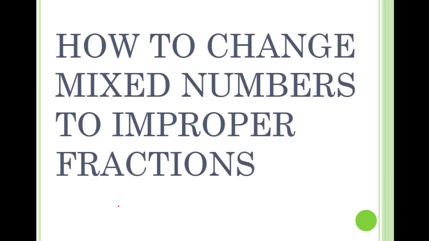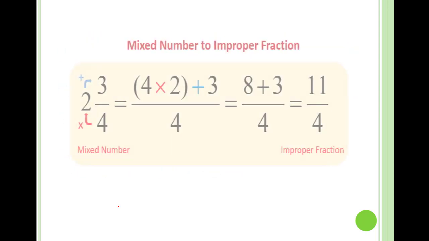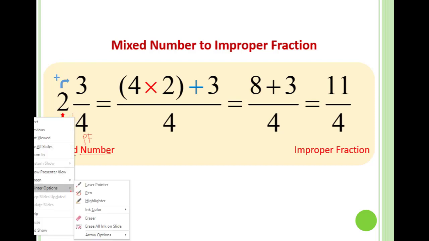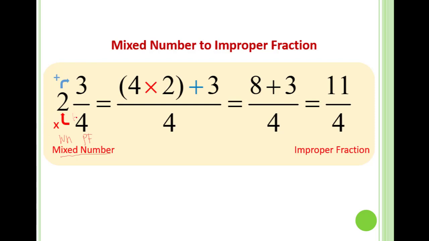Now, how to change mixed numbers to improper fractions? As you can see in the mixed number, again, we have a whole number and a proper fraction. The denominator will be multiplied by the whole number, and you have to add it with the numerator. Let's proceed.